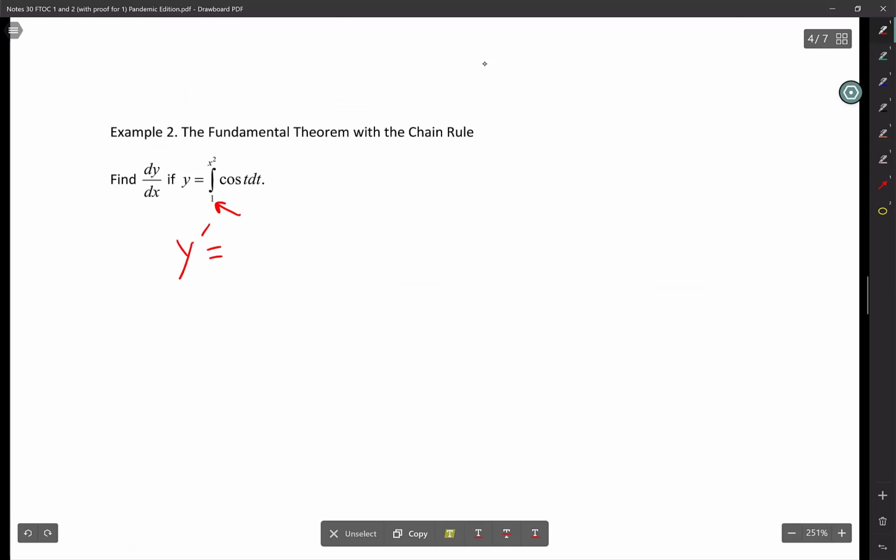That's good. So when I take the derivative, I write cosine. Whatever the expression is for t, you're going to substitute the whole expression there. Cosine of x squared. And then I'm going to multiply by the derivative of x squared. And there it is, guys. So y prime is 2x cosine x squared, and you're done.